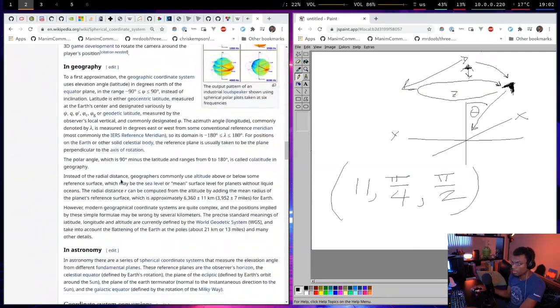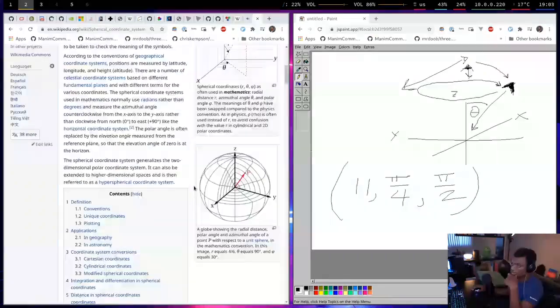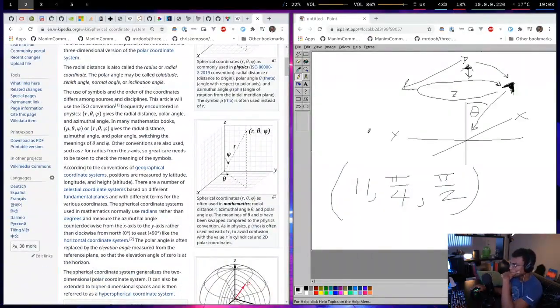Anyway, then I can just convert this to Cartesian like this, I guess. But I have to get all these angles right. Hold on. Here, the angle off the x-axis in the right-handed direction is 3/4 tau.